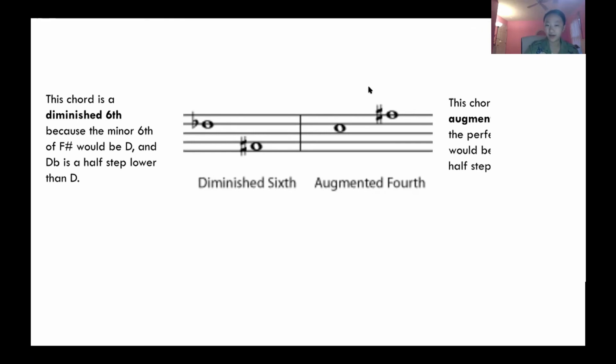Okay, now let's look to the right. The reason this interval is an augmented fourth is because, first of all, the numerical interval is 4, and we recognize that as one of the perfect intervals, right?